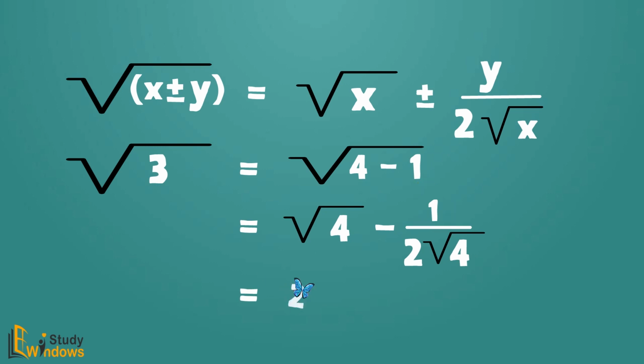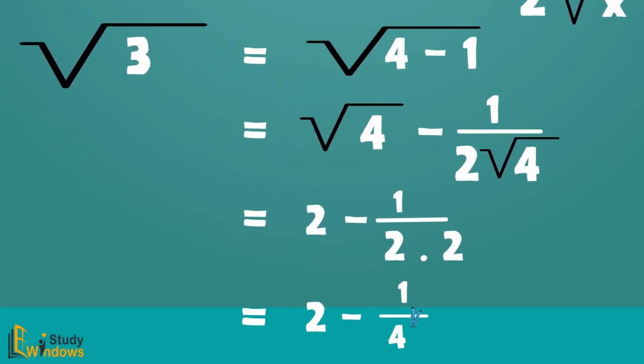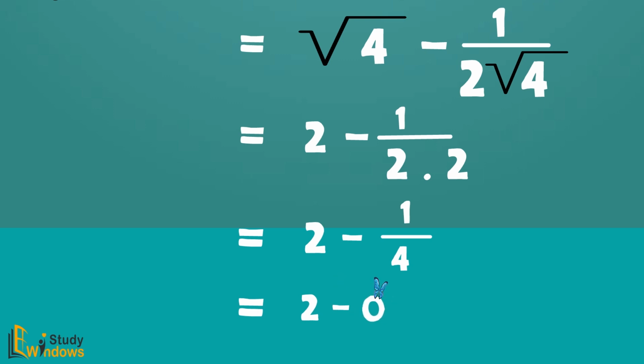If we simplify, it will be 2 minus 1 divided by 2 multiplied by 2, or 2 minus 1 by 4, or 2 minus 0.25, or 1.75. This is a tentative value of the square root of 3. The actual value of the square root of 3 is 1.732.